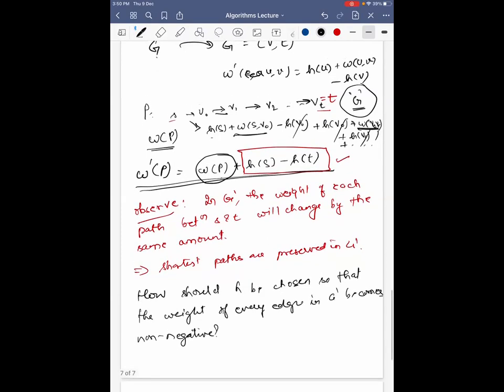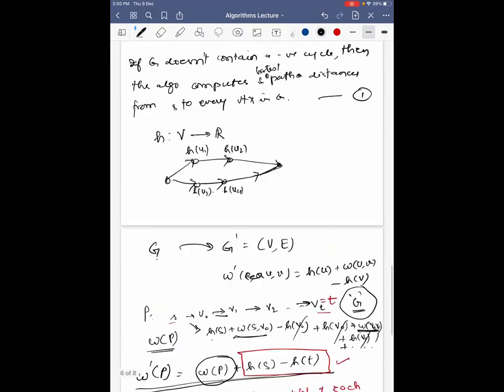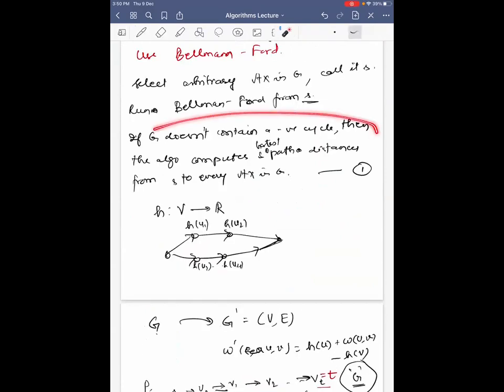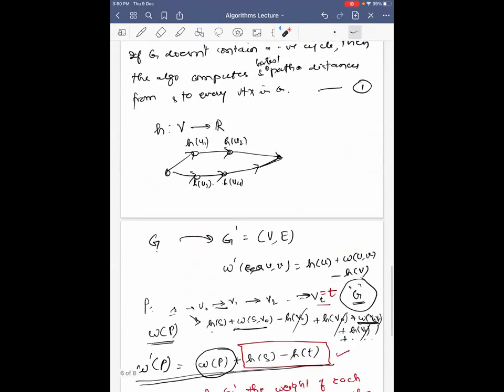And this is where you use this. Your Bellman-Ford has already computed the shortest path distances.